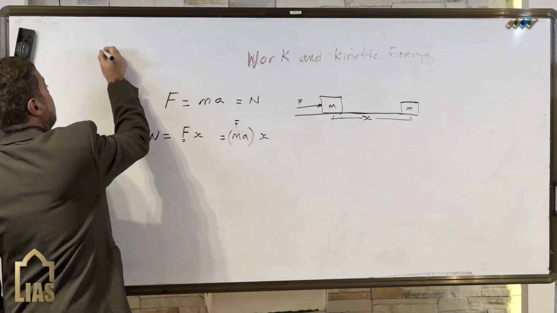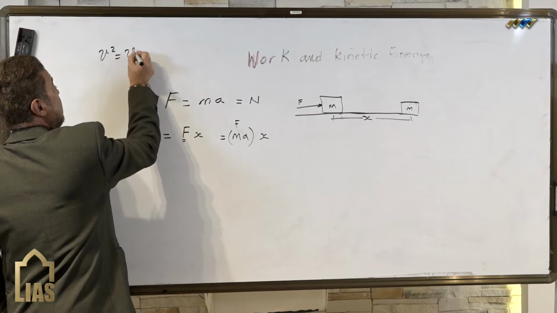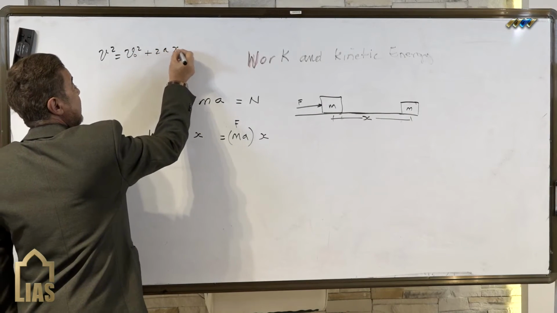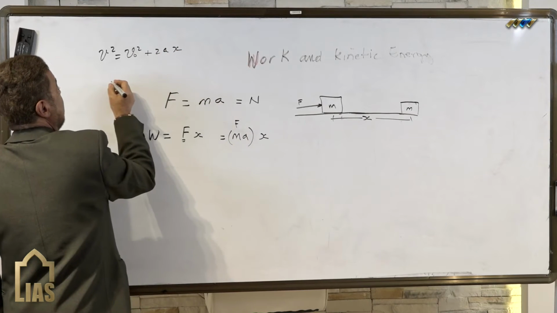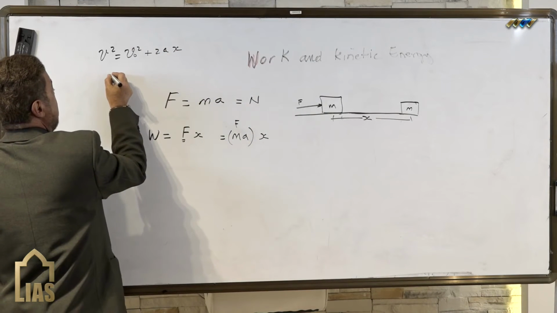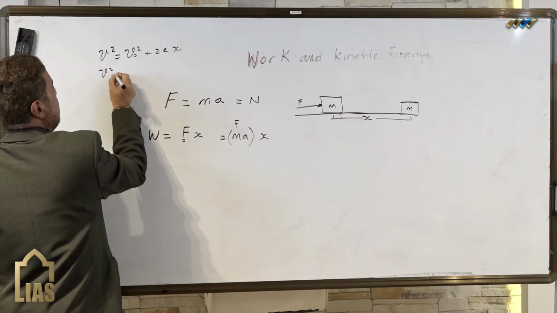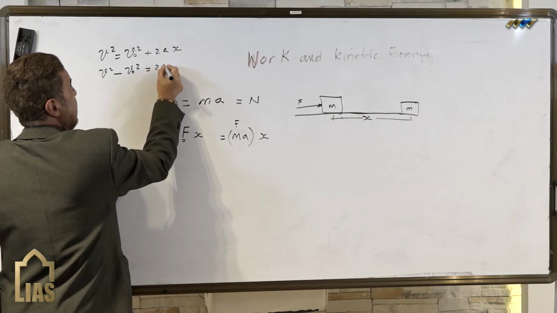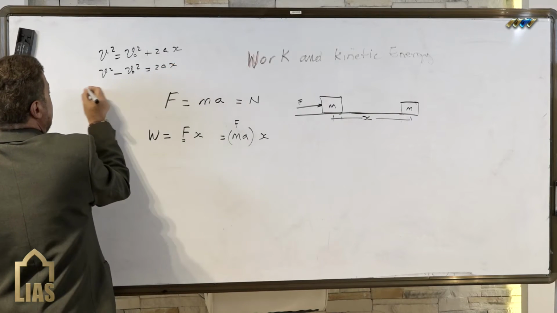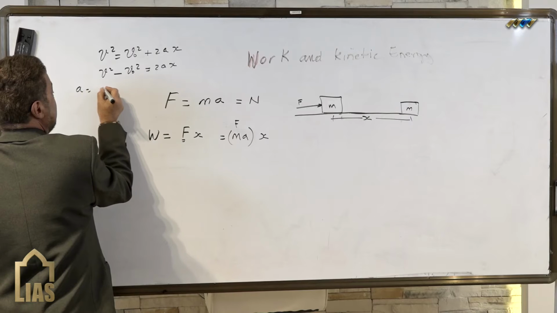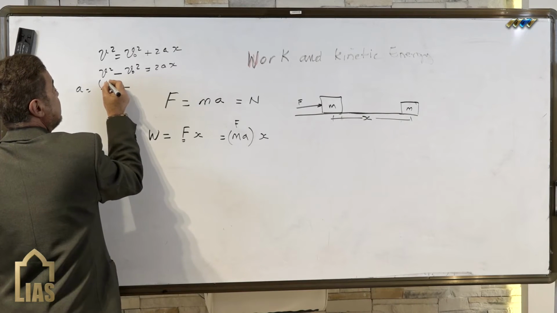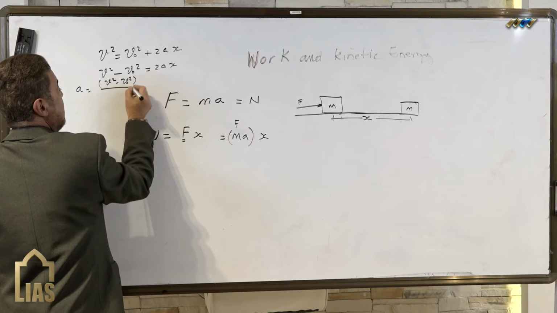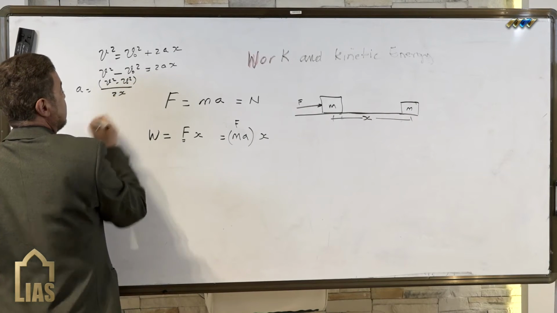And we have the equation v squared equals v0 squared plus 2ax. Now we say v squared minus v0 squared is equal to 2ax, and from here a is equal to v squared minus v0 squared over 2x.